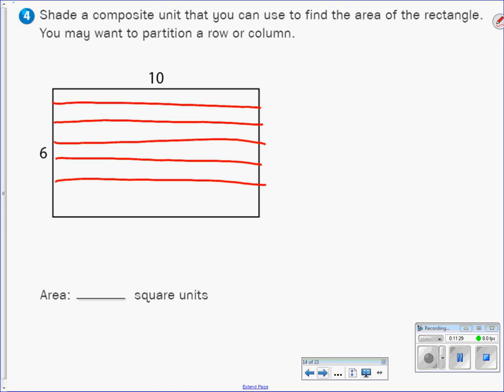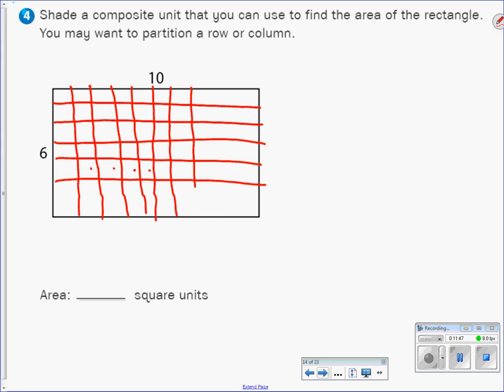I really got those a little bit bad, but in the middle. 1, 2, 3, 4, 5, 6.